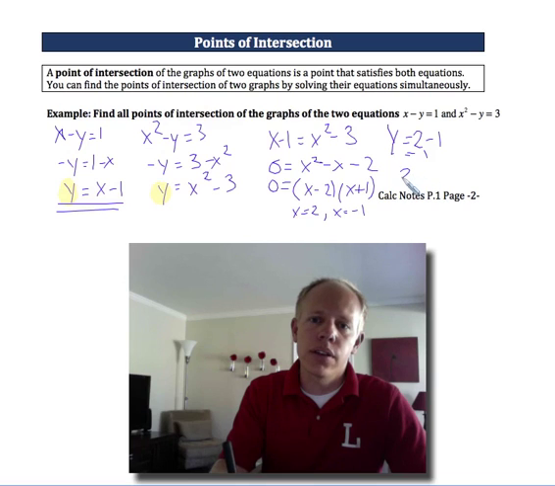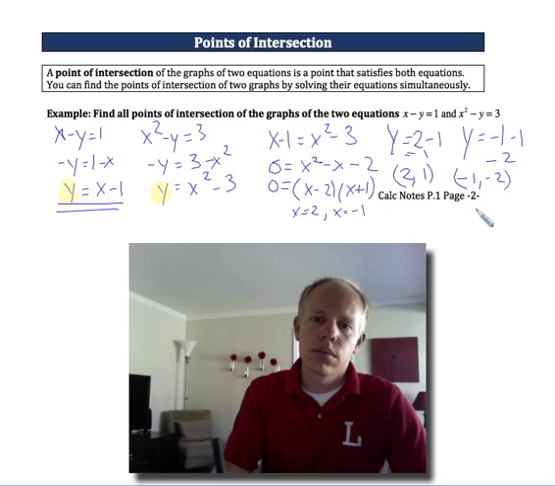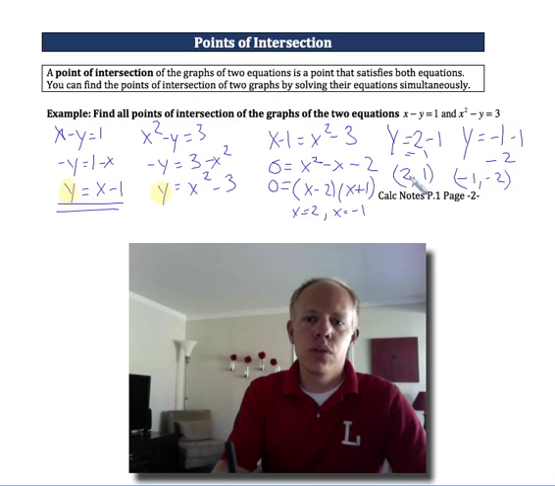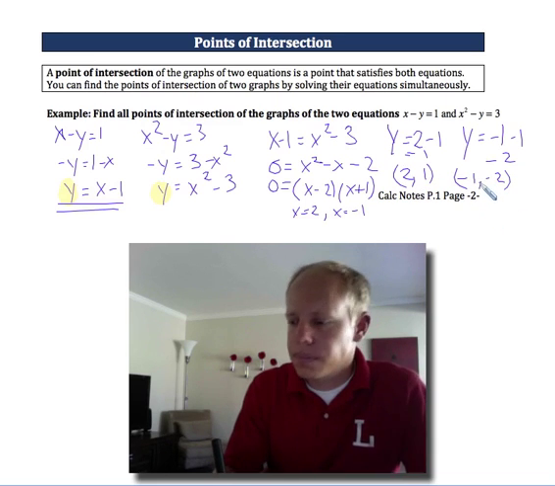So the point there is (2, 1). And if we plug in negative 1 for x, we get negative 1 minus 1, which is negative 2. And so I get the point (negative 1, negative 2). And those would be our 2 points of intersection.